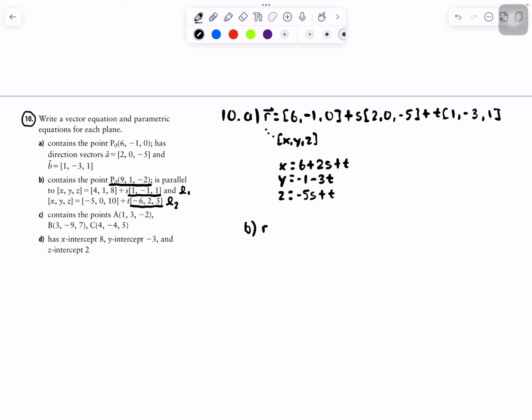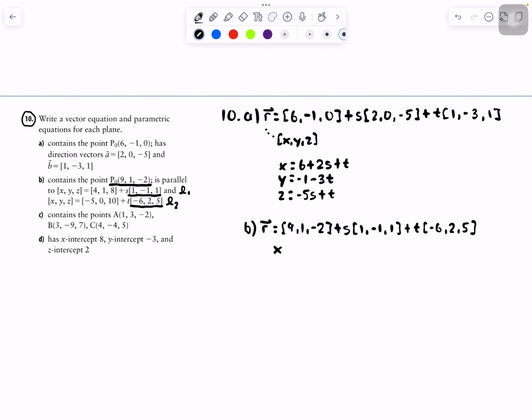So r equals (9, 1, -2) plus s (1, -1, 1) plus t (-6, 2, 5).